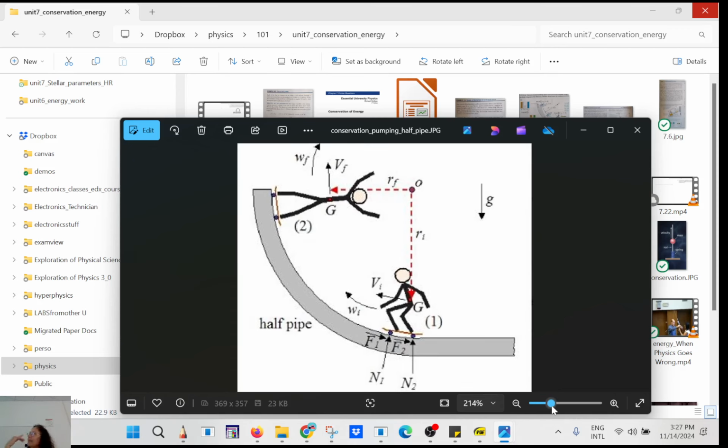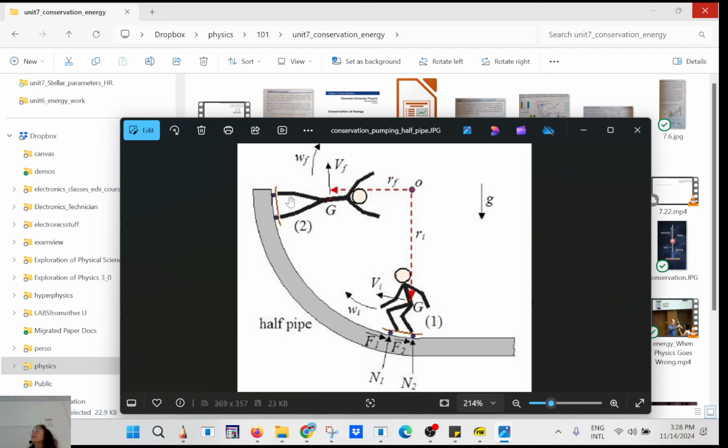Is it called skateboarding? Skateboard, right? You have a half pipe. And the idea is that you have kinetic. If you don't do anything, you're going to go to potential, but you're not going to be going very high. So what you're doing is you pump. It means you squat and then you extend. So that way you are doing work with your muscles. So you put in some additional energy. So you have kinetic energy plus the work that you are doing equals the potential energy.